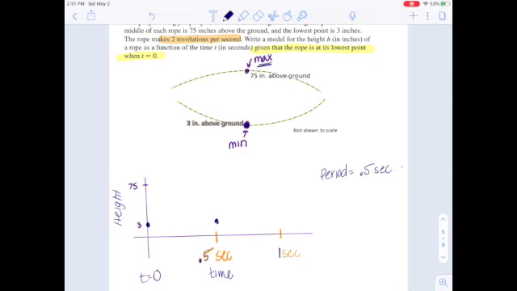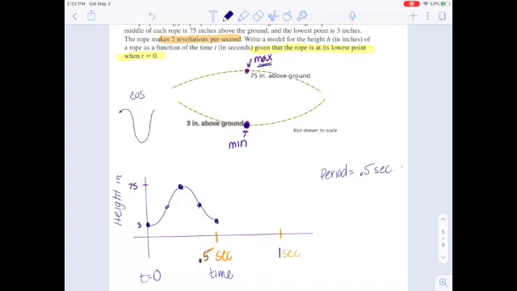Now it's going to have exactly halfway between time equals 0 and time equals 0.5, at about 0.25, you're going to be at a max height of 75 inches. All right, so you'll see it's going to cross the midline halfway between those 2 critical values. So this, to me, I look at it as a cosine function. I go my normal cosine. That's a little wonky, sorry.